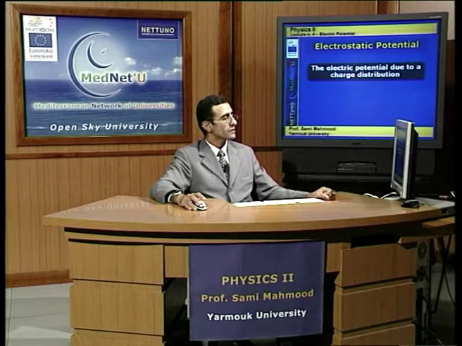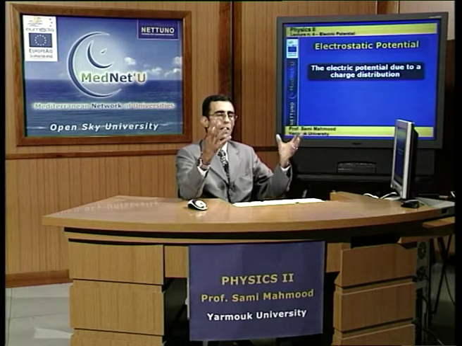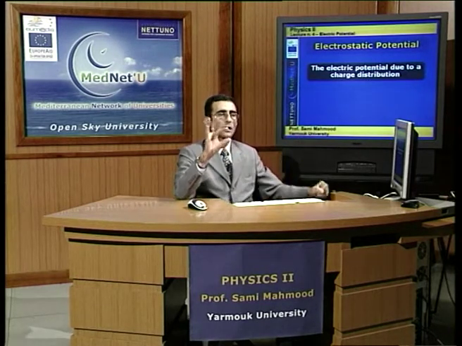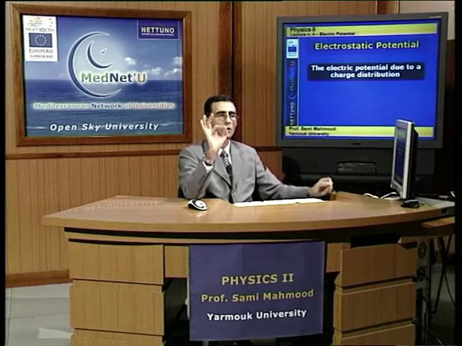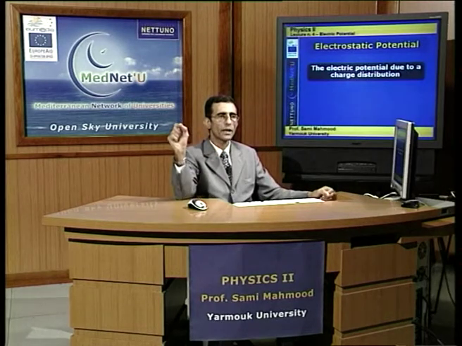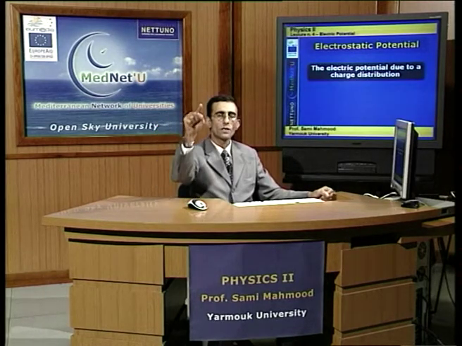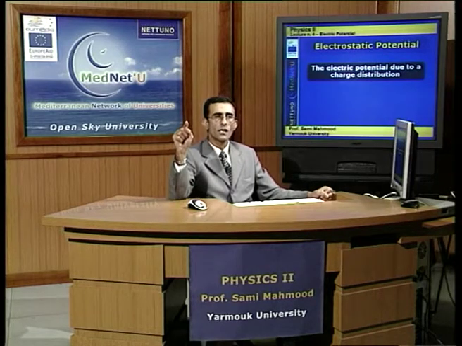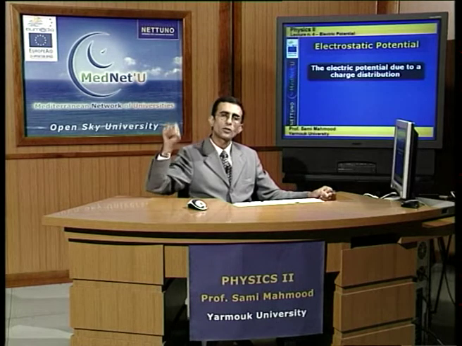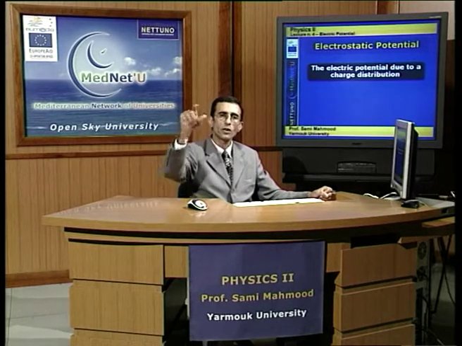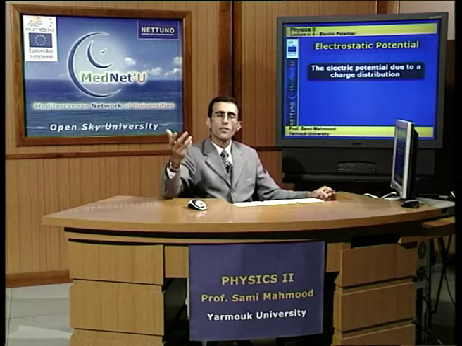The electric potential due to a charge distribution: if we have a macroscopic charge distribution, then now that we know the electric potential due to a point charge, we divide this charge distribution conveniently into point-like charges, and we evaluate the electric potential due to each point charge, and then we add them up together.